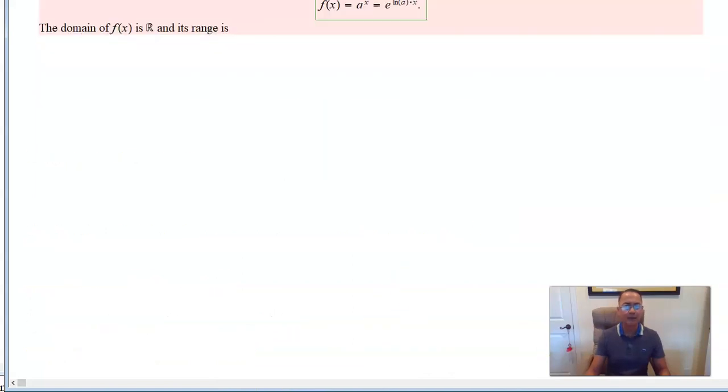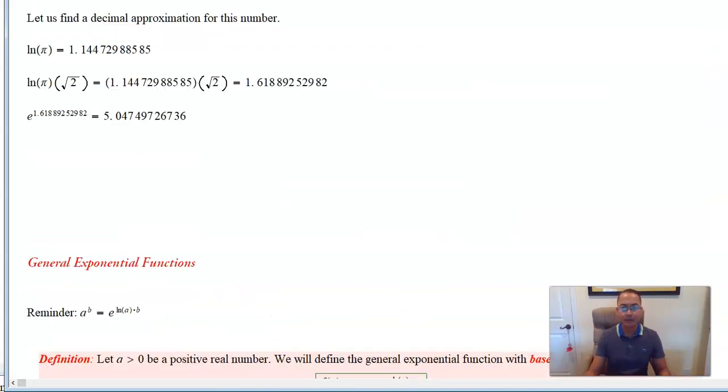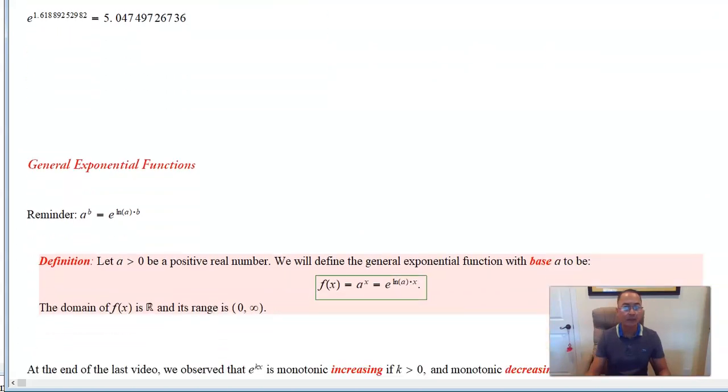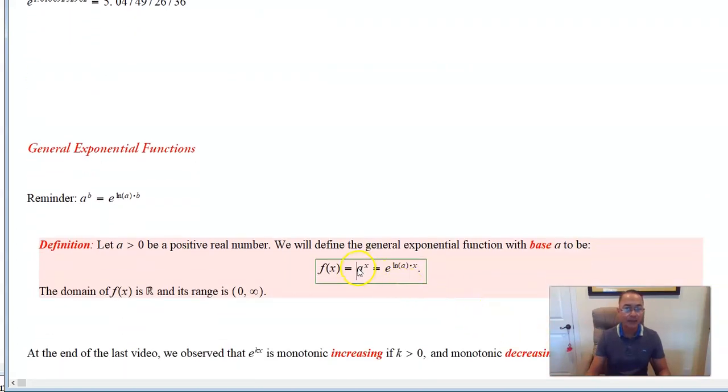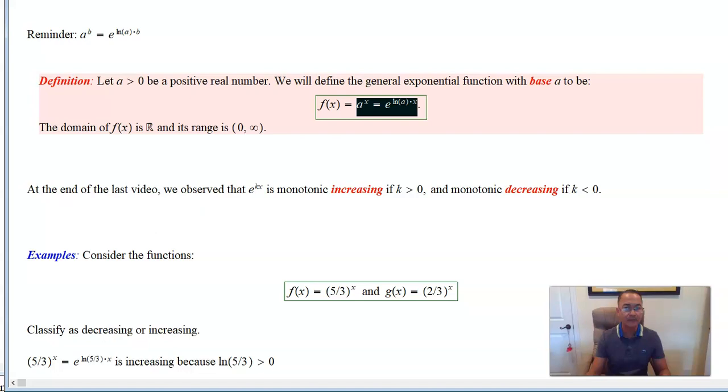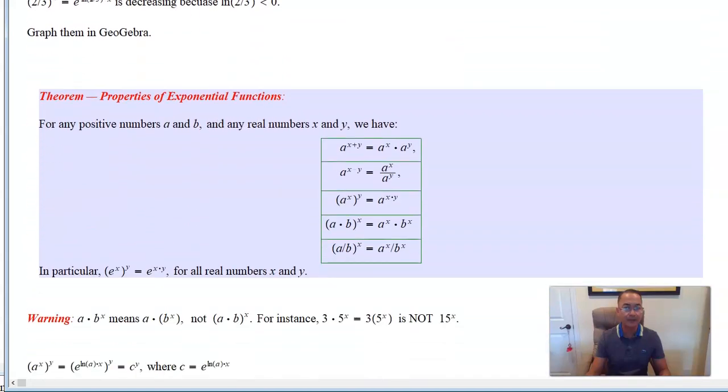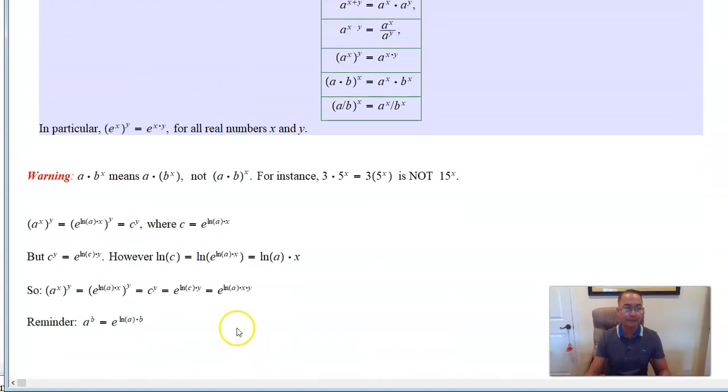How do we define a power function? It was over here. We said a to the x is e to the ln of a times x. Let's bring that down here. a to the x is e to the ln of a times x.